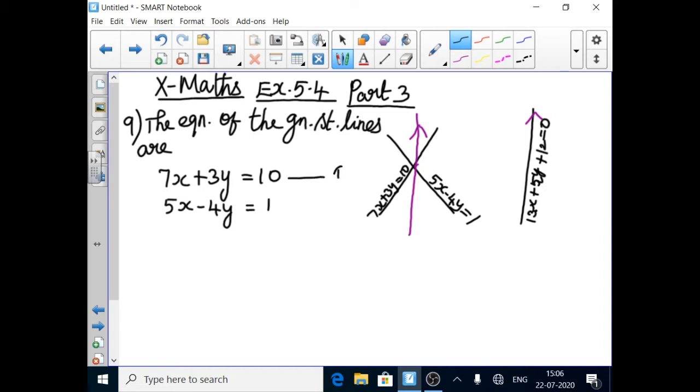Take the first as the first equation and this one as the second equation. For these two equations you have to find the point of intersection, so solve both.